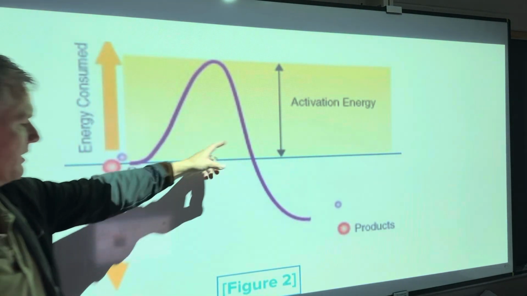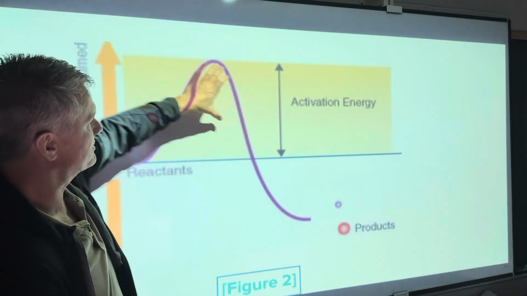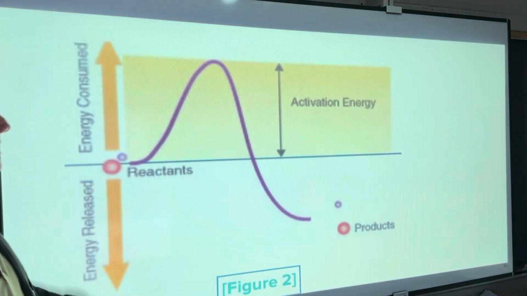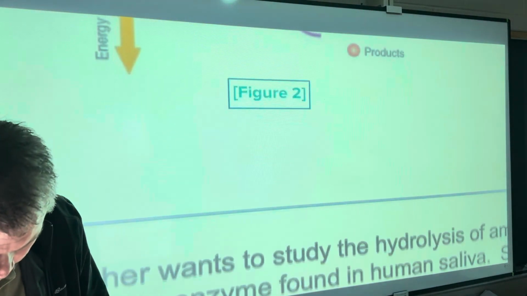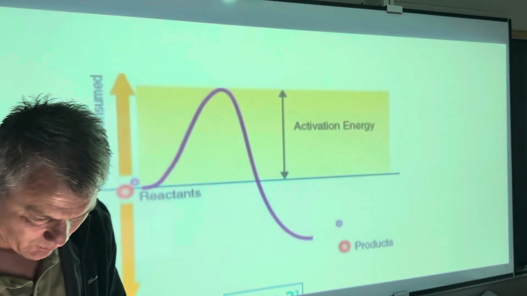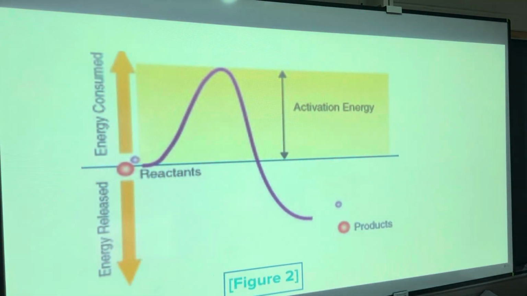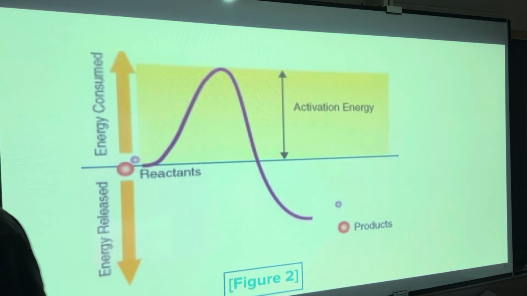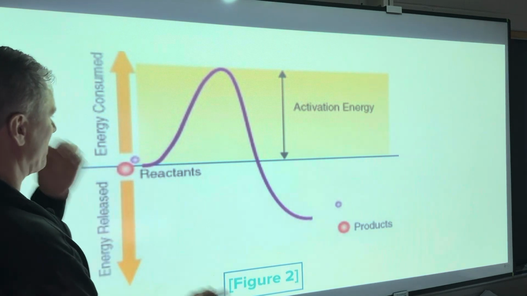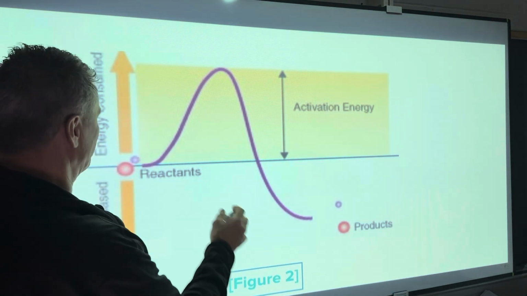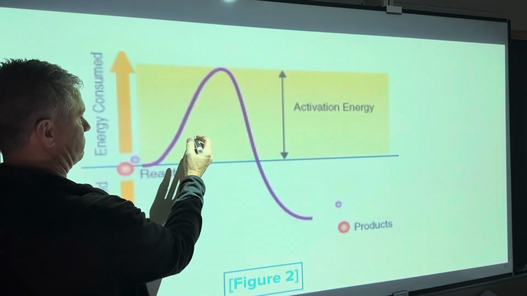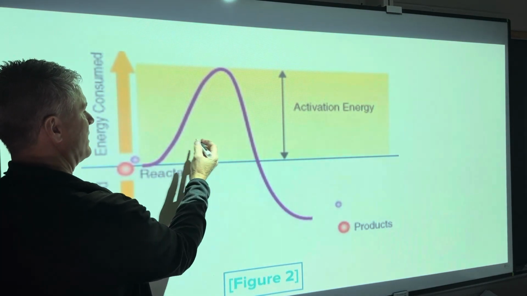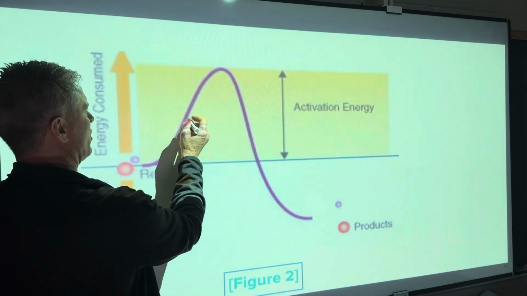In this case, it's releasing energy. So this is the energy required to start it. Once it reaches that, the reaction can take place. Now, if I were to say, let me get my black marker. If I have another enzyme, it may lower that temperature.